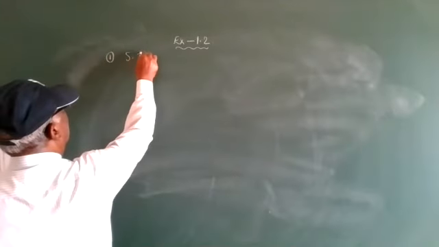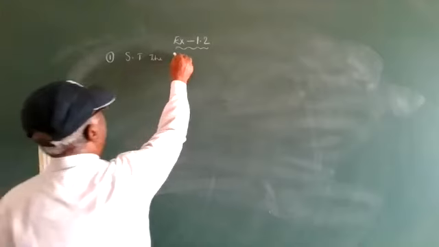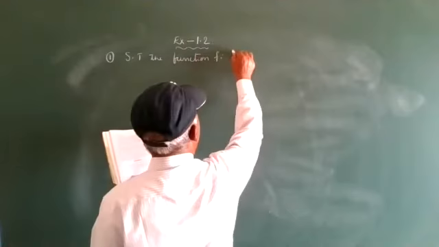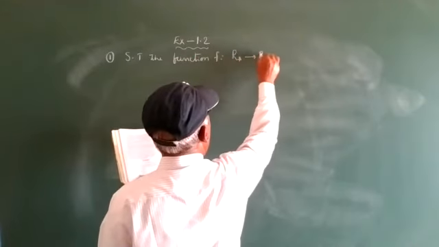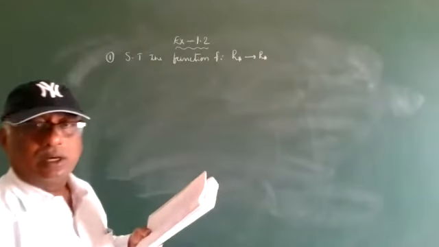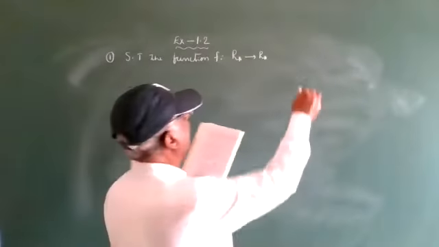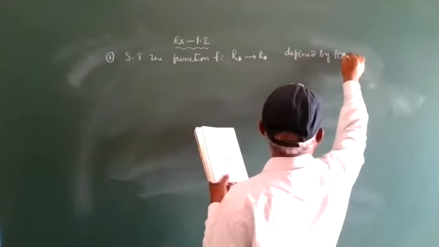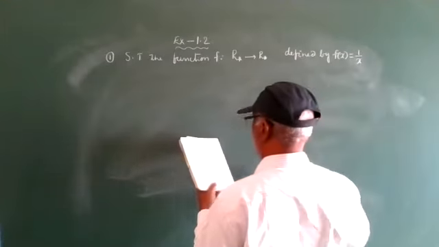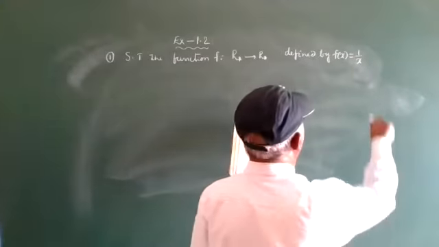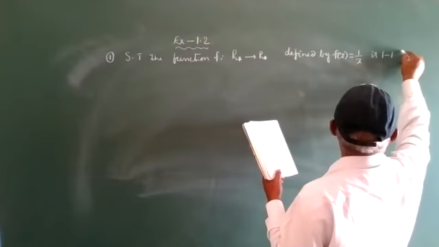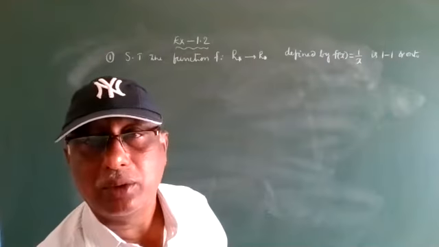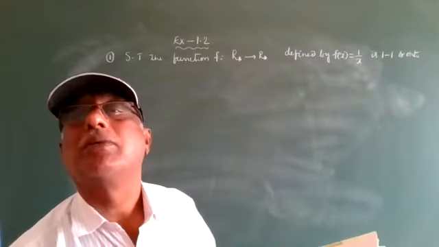Show that the function f, a mapping from R star to R star, defined by f of x is equal to 1 by x, is one-one and onto.